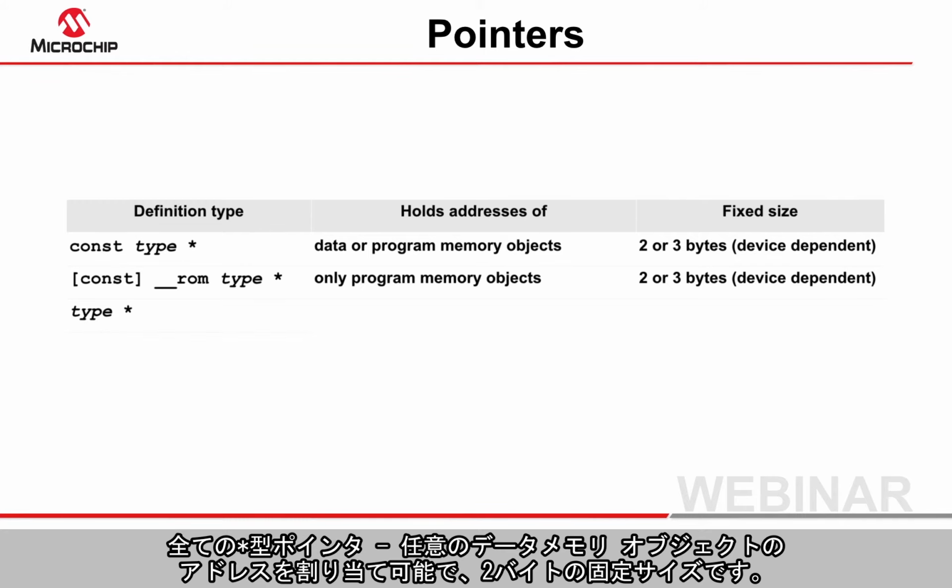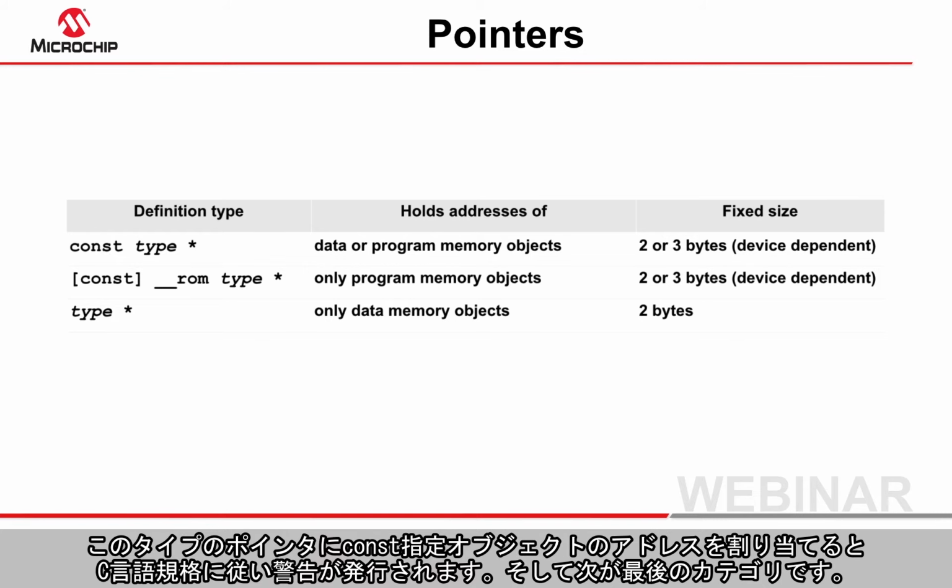Any type pointer, which can be assigned the address of any data memory object, and which will have a fixed size of 2 bytes. Assigning the address of a const specified object to a pointer of this type will result in a warning as per the C standard, so there is a final category.